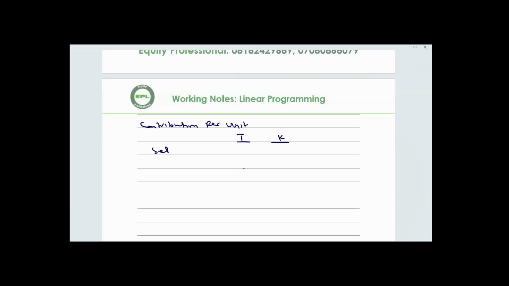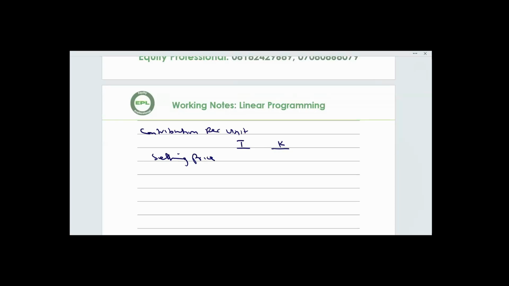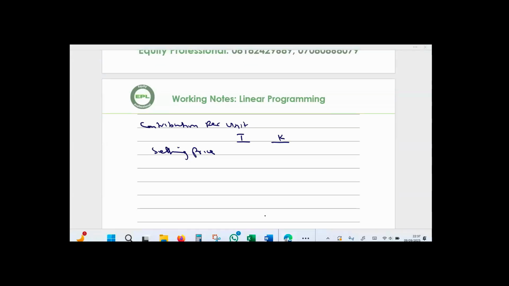Selling price. How much is the selling price for Toro? 200, and 240 for Kobo. Then you are going to less variable costs.